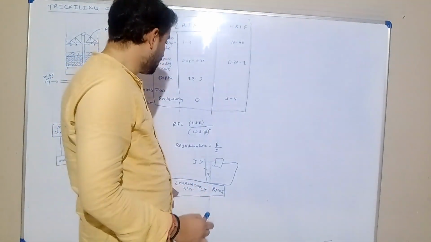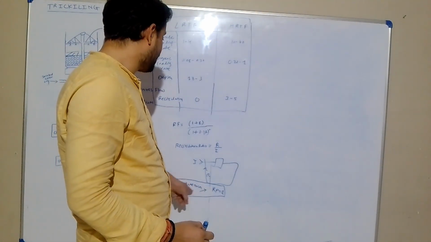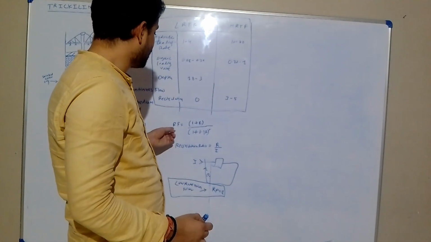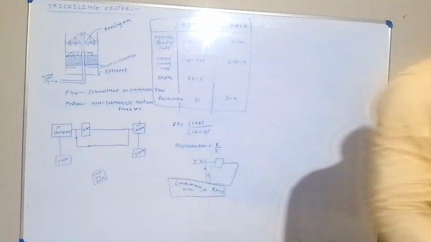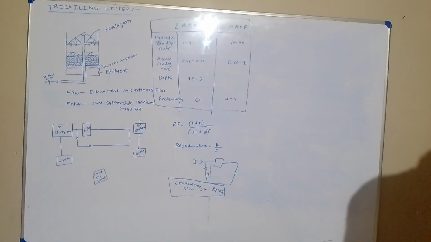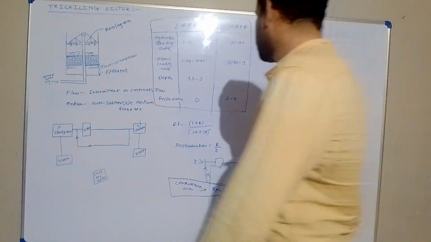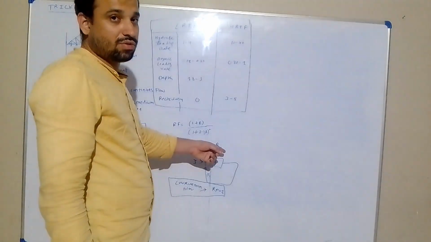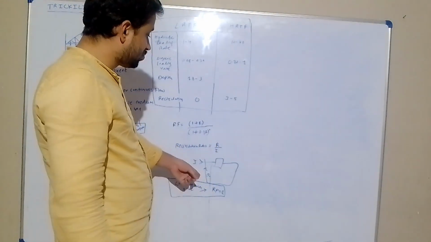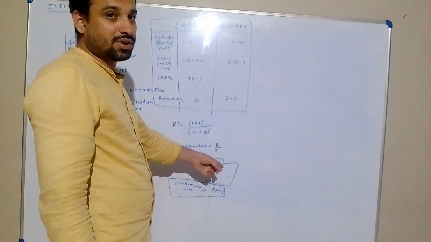RF is 1 for the low rate trickling filter. The recirculation factor is 1 for the low rate trickling filter. So this is the recirculation ratio. Recirculated flow is provided for the high rate trickling filter.